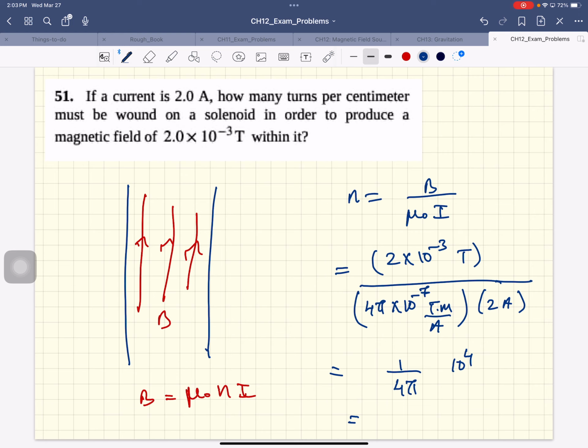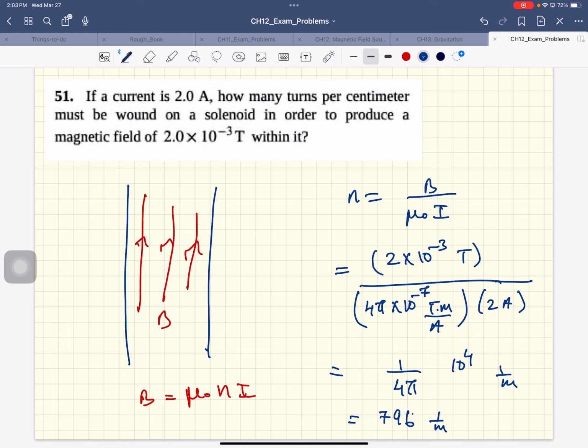And this is per meter. That's how many turns you have per meter. So this is 796 turns per meter, okay?